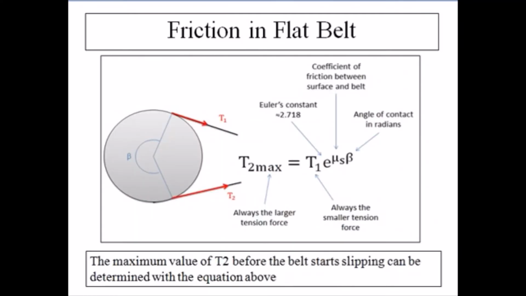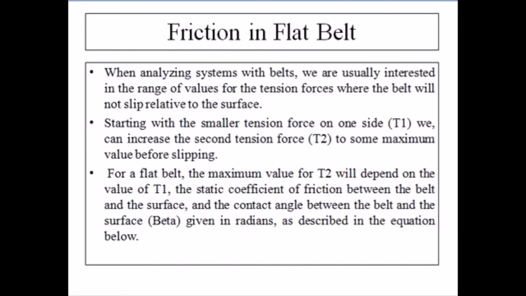So what is explained in this statement is, we can apply some load at T1 and some load at T2. Before the belt slips on either side, we can add some weight onto the T2 side.